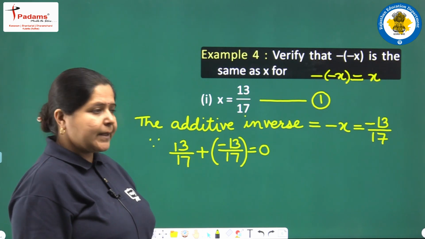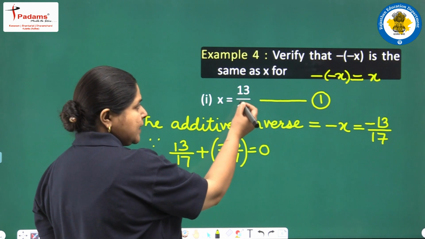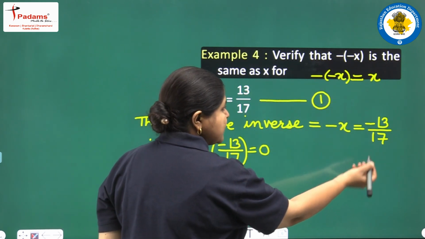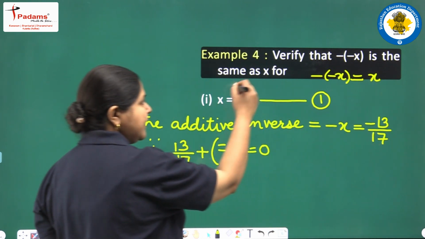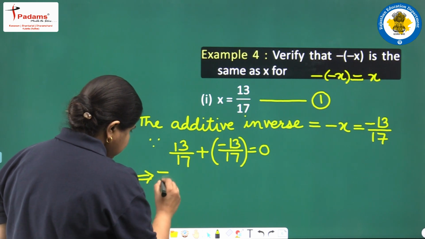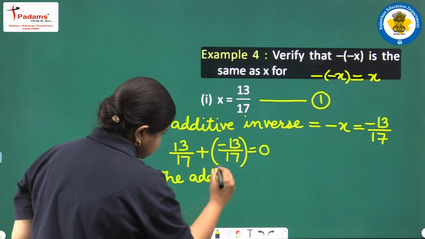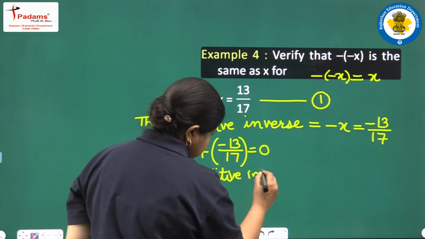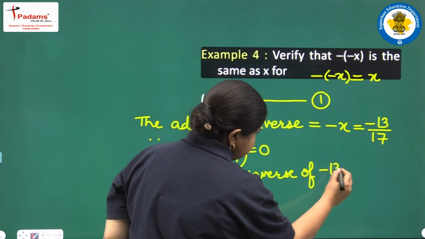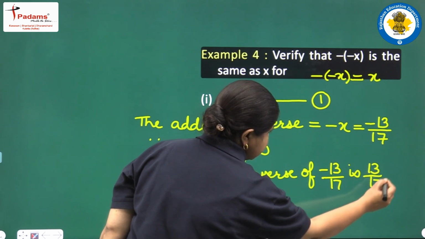What we conclude from here is that since the additive inverse of 13 by 17 is this, therefore the additive inverse of minus 13 by 17 will be 13 by 17.